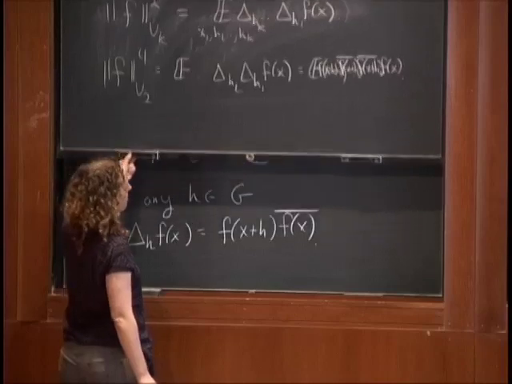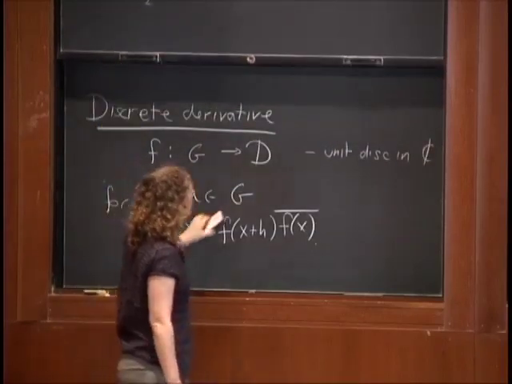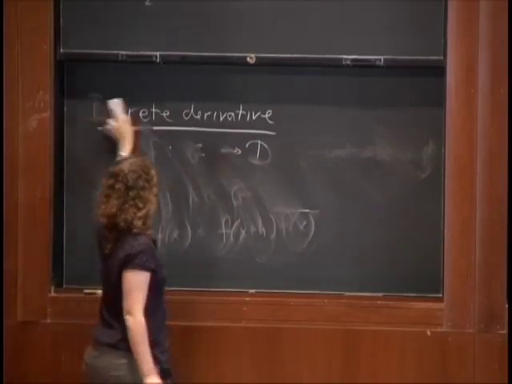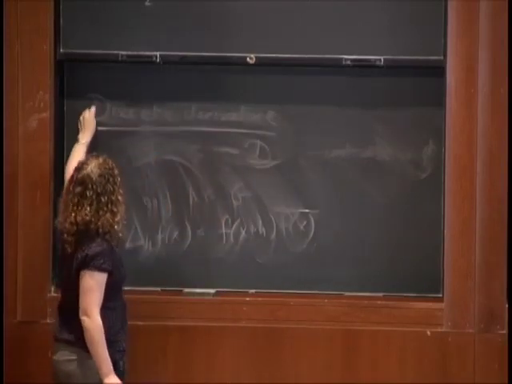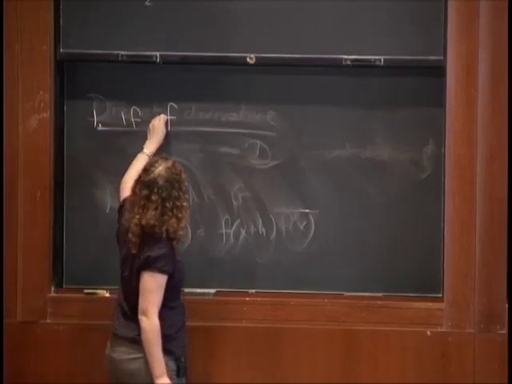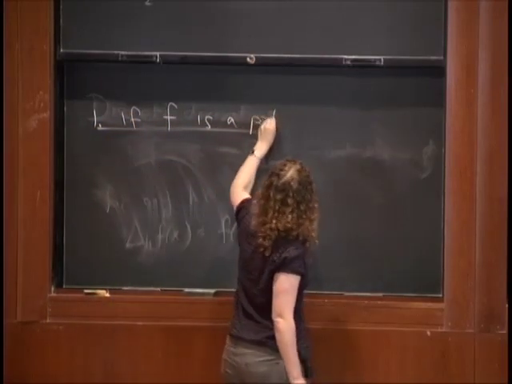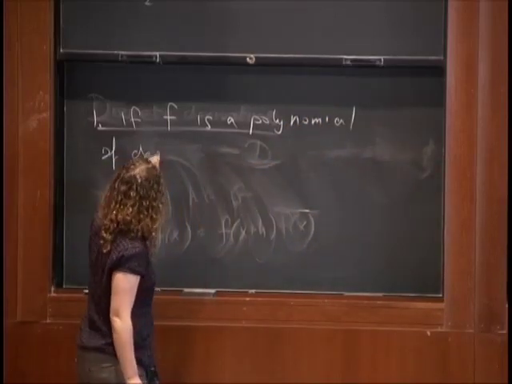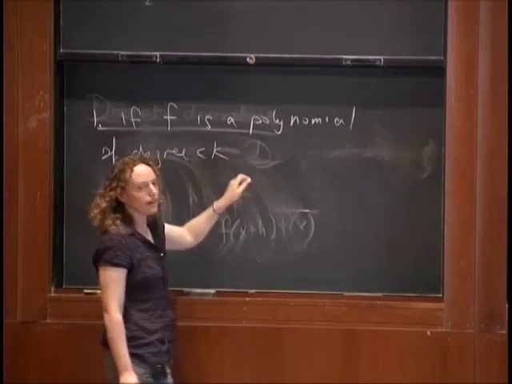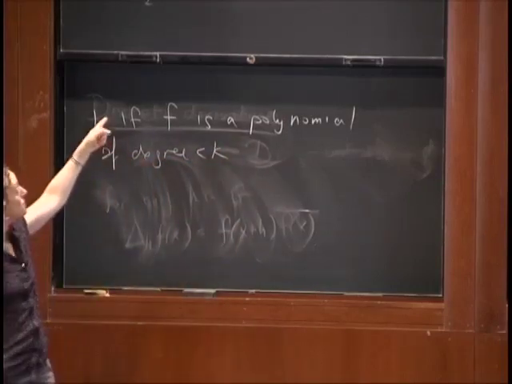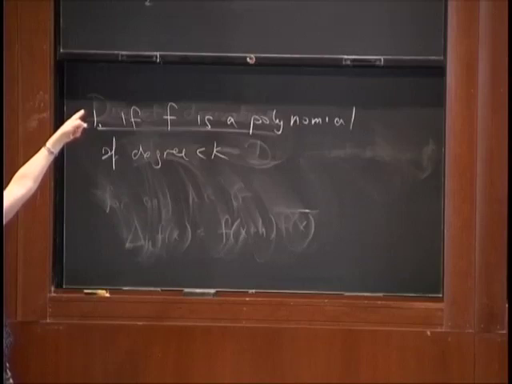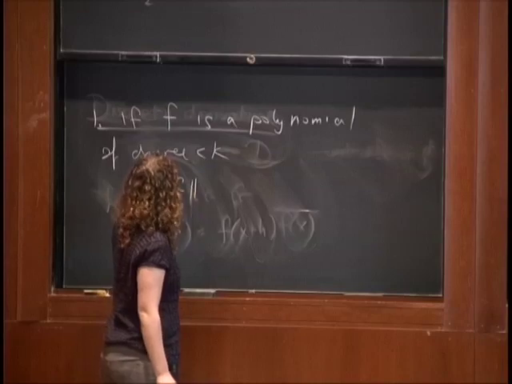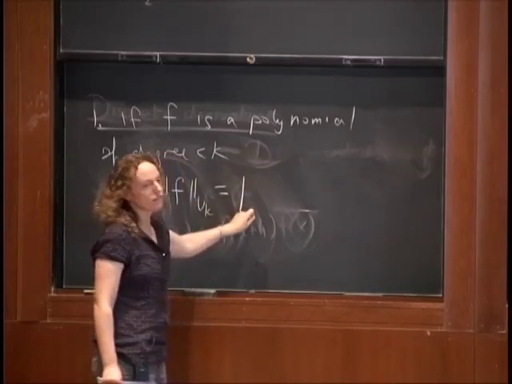So here are some very simple observations. So first observation is that if f is a polynomial of degree smaller than k, then clearly all these derivatives annihilate, so they're all 1. So the UK norm of f is exactly 1.